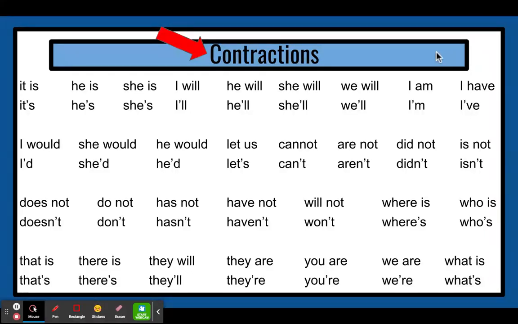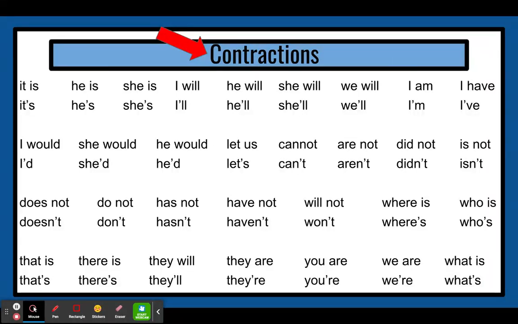We will becomes we'll. I am becomes I'm. This apostrophe takes the place of the A. I have becomes I've. And the apostrophe takes the place of the H and the A.